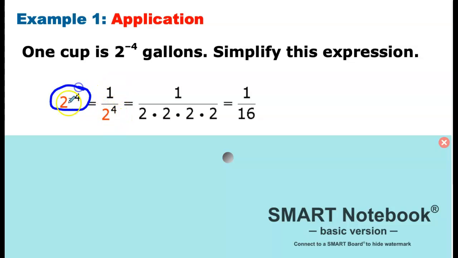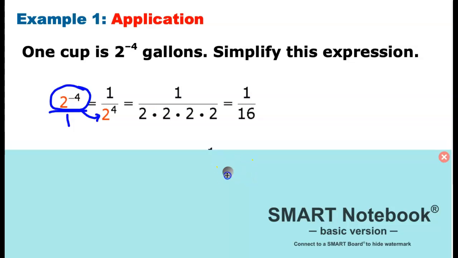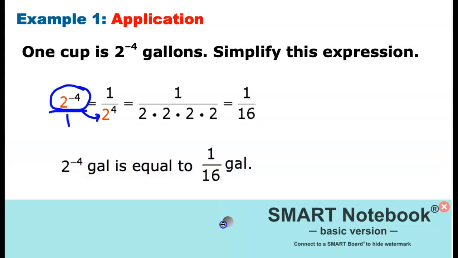Remember, this is in the numerator. Move the location, make the exponent positive. 2 to the 4th power means 2 times 2 times 2 times 2, which is 1 over 16. So 2 to the negative 4th gallons is equal to 1/16 of a gallon.